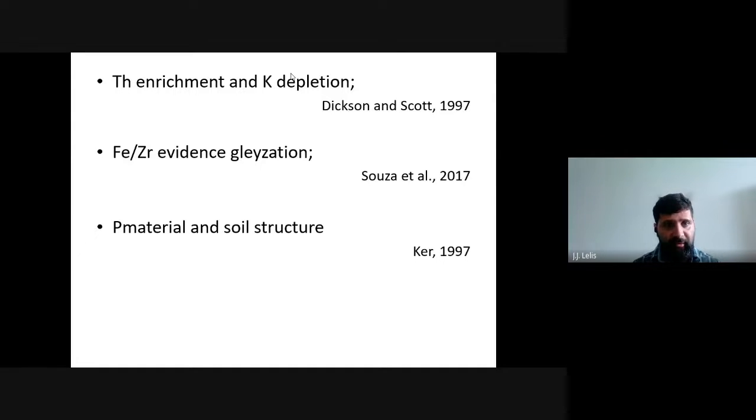But if I compare the composition of some materials, soil and parent material, I can understand how weathered, how leached these soils are.